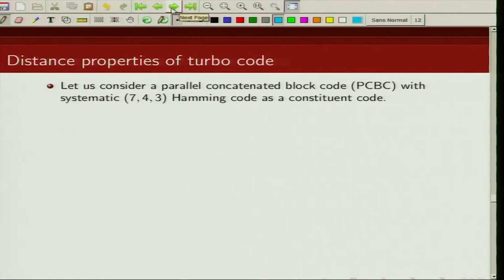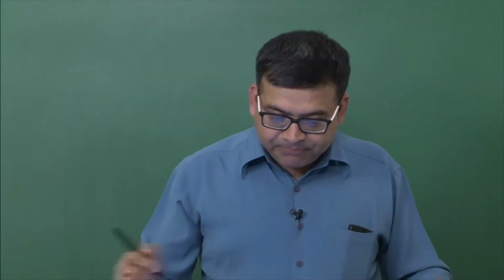So again we are going to take a very simple example. This time we are going to use our favorite 7/4 Hamming codes as constituent encoders. So we are going to use a 7/4 Hamming code as a constituent encoder for turbo code, and both these constituent encoders use the 7/4 Hamming code. So we are basically constructing a parallel concatenated block code.